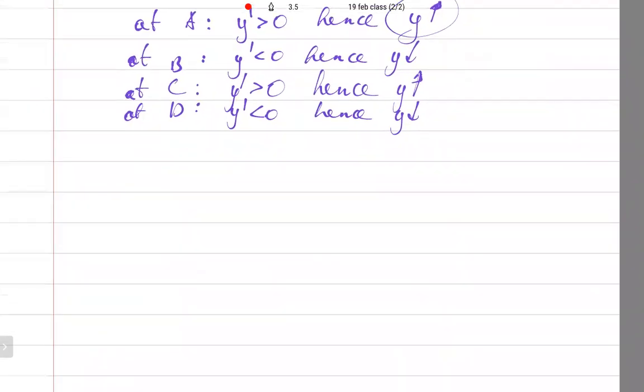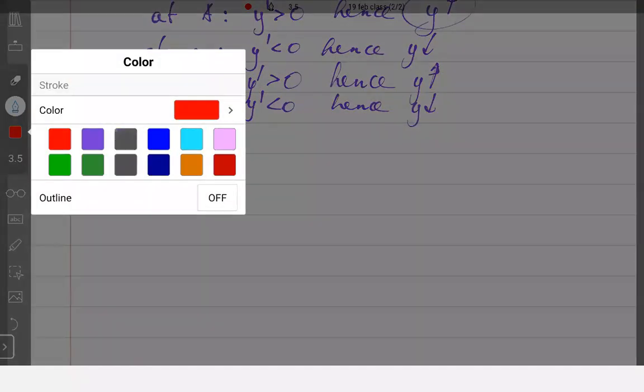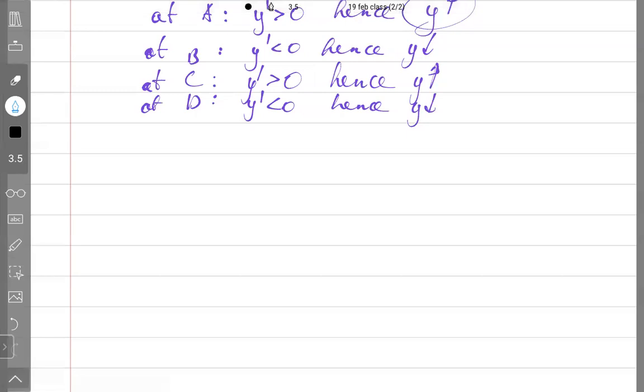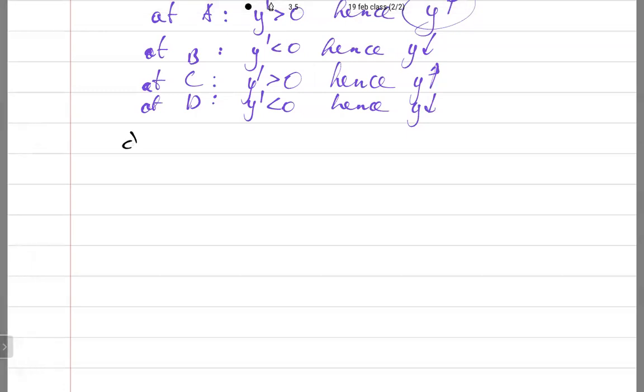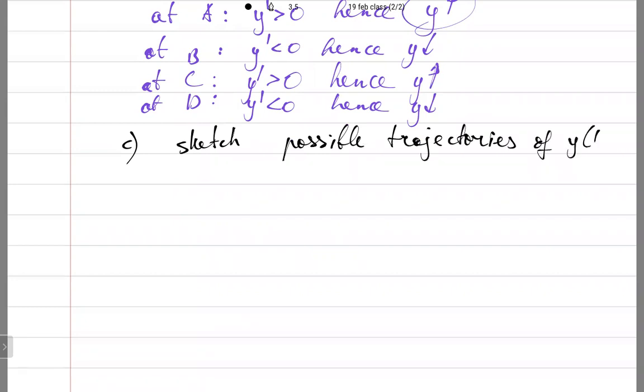Okay, what we can add here, we can do some more plots. We can qualitatively sketch possible trajectories of yt. I will not solve the equation. We can solve the equation and find the trajectories of yt, but I will just sketch possible trajectories.